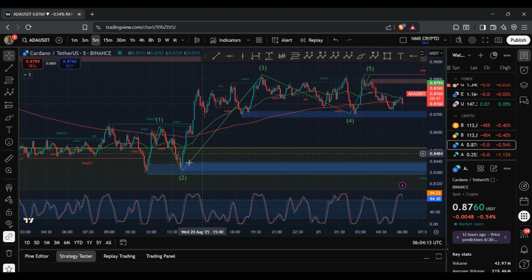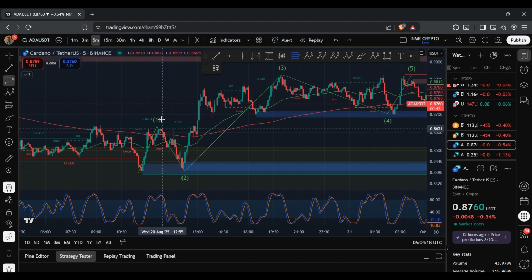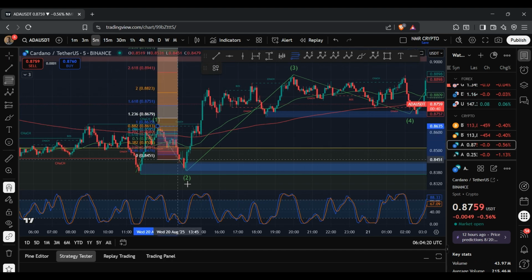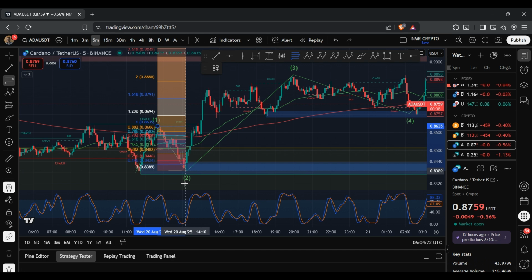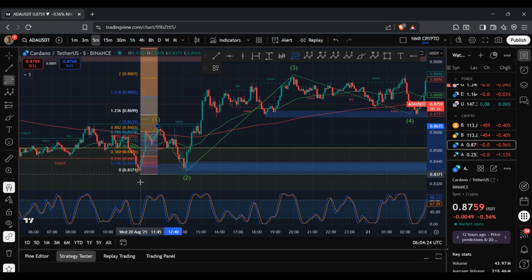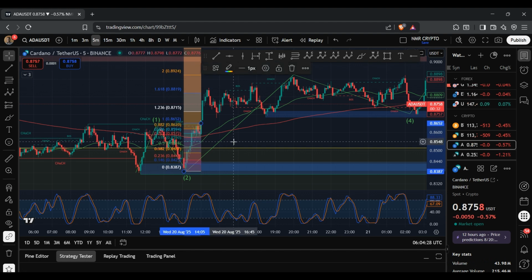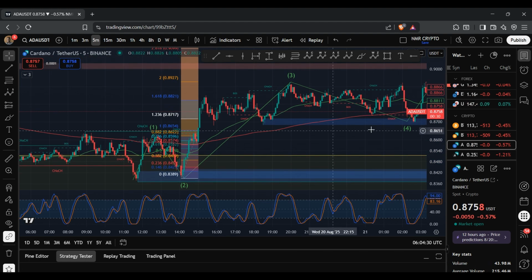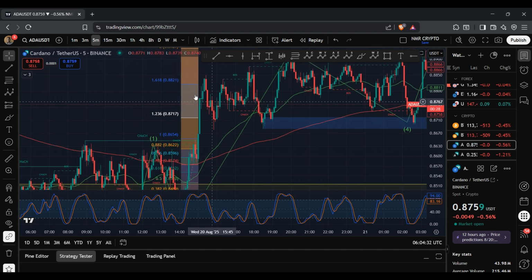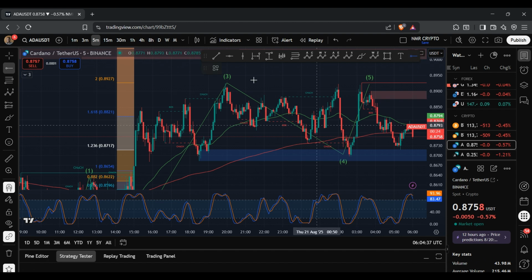So very quickly, what I'll do is check to see if this wave 3 met the minimum requirement, which is the 1.618 level. So if I bring this down to 83.89 cents, you can see that the 1.618 level sits at 88.21 cents, and we ended up reaching this level here at 89.25 cents to complete the third wave.